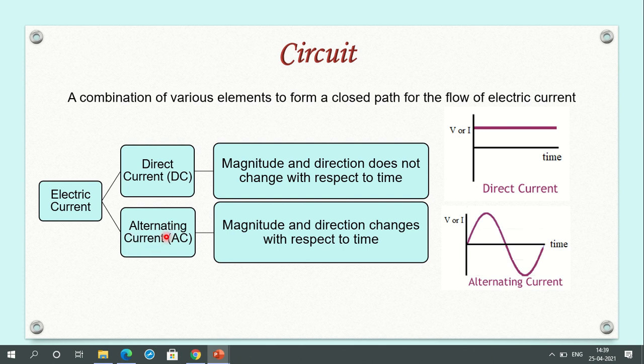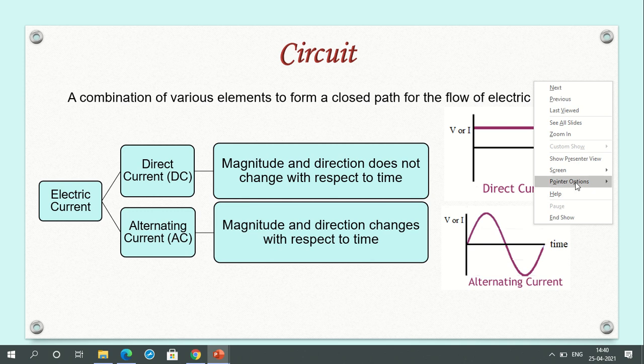The next one is the alternating current. An alternating current is a current whose magnitude and direction changes with respect to time. This is the graphical representation. We can see from here, as the time changes, the magnitude changes as well as the direction also changes.